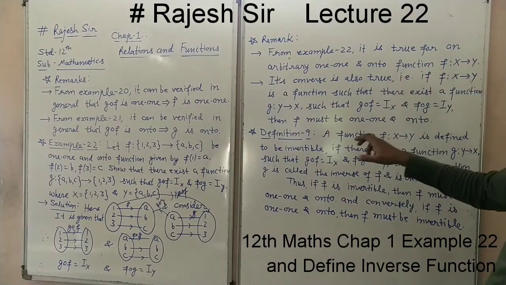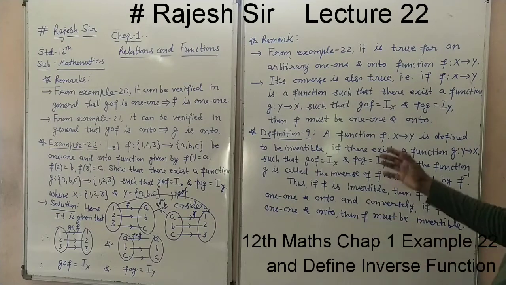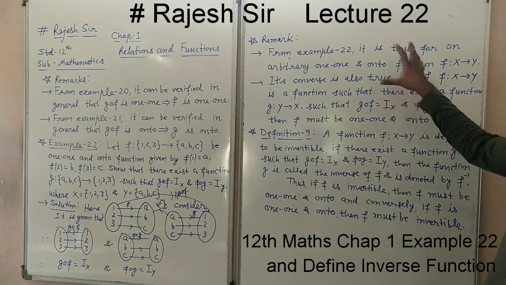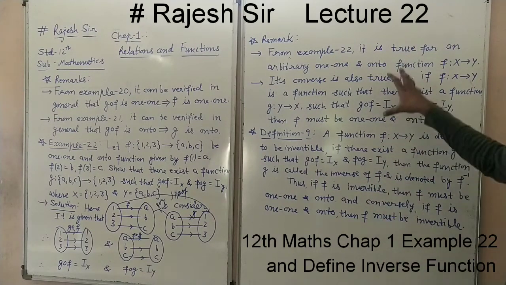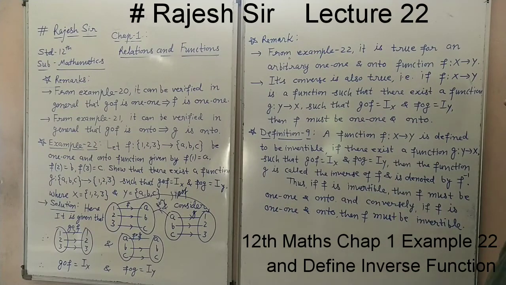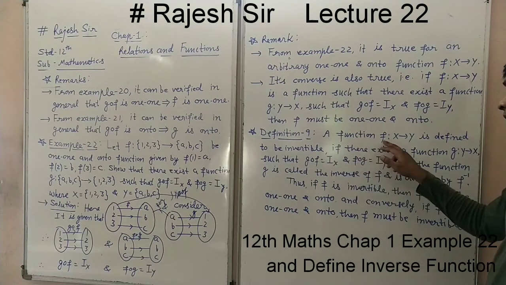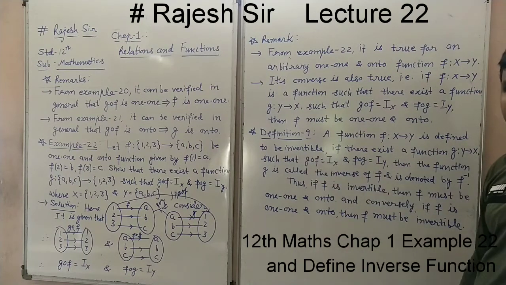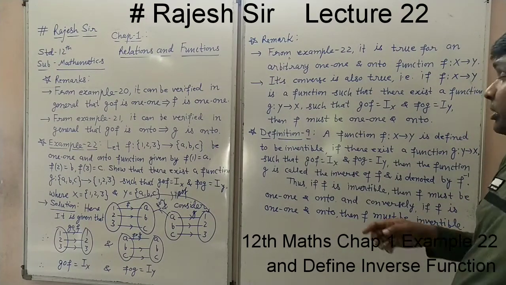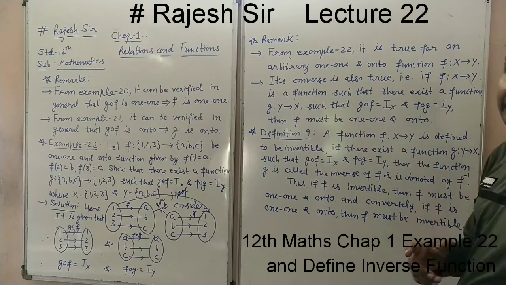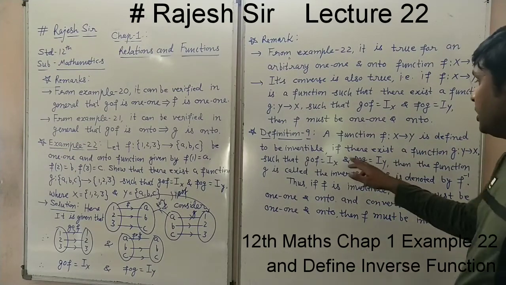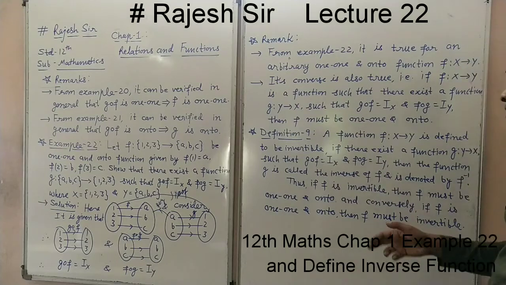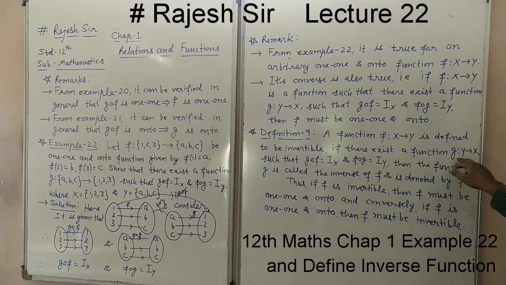From this discussion, Definition 9 comes, in which these things are mentioned. These conditions are there in this definition. You can see that a function f from x to y is defined to be invertible, meaning the function f will have its inverse, only if there exists a function g from y to x.